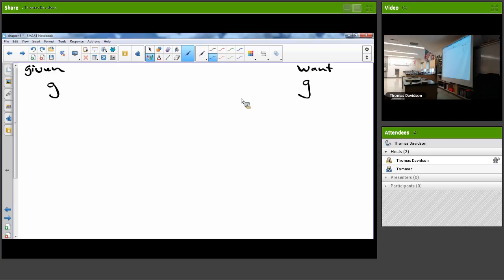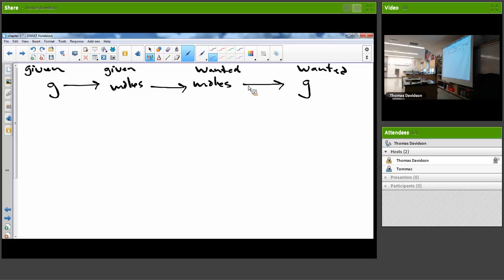In order to do that, we first have to convert the grams of given to moles of the given. Then we have to go from moles given to moles wanted. You with me on that? Once we have moles wanted, then we go to grams.